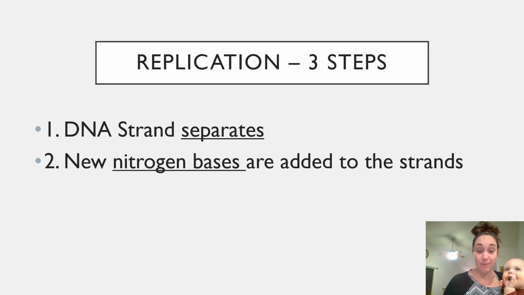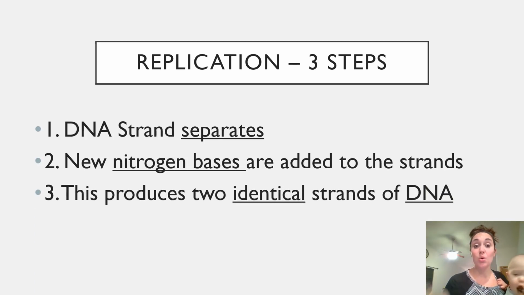The second thing that happens is new nitrogen bases are added to the 2 strands. The ones that are supposed to pair up with them get added to those strands. So now instead of having 2 strands, you have 4 of them, making 2 identical strands of DNA. Remember that it's super important that they're identical because we don't want DNA to be different from one another.